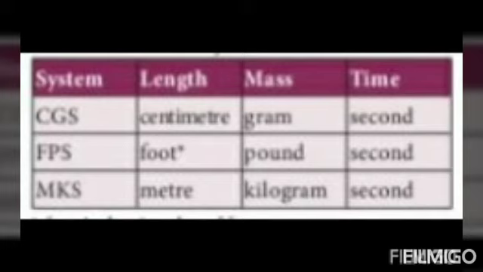But at the end of the Second World War, there was a necessity to use a worldwide system of measurement. Hence, the SI system of units is used. What is the full form of SI system?